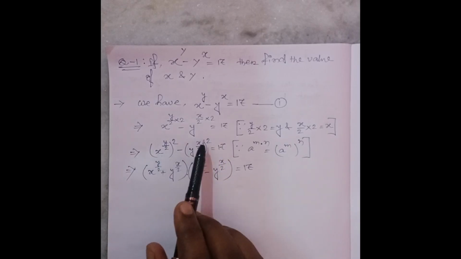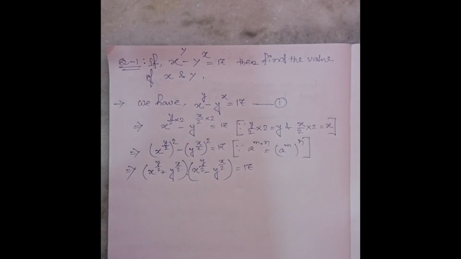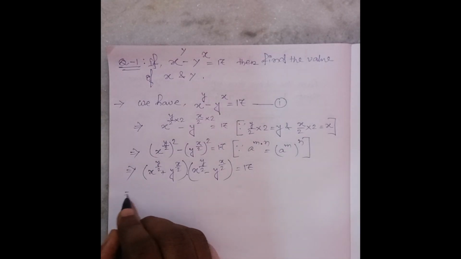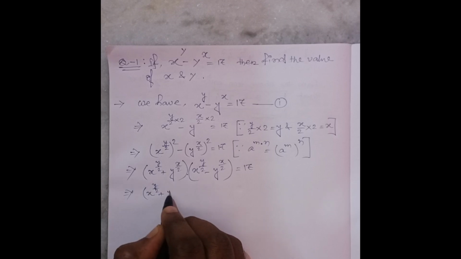In product form, a square minus b square can be written as a plus b into a minus b. This term remains as it is in product form.